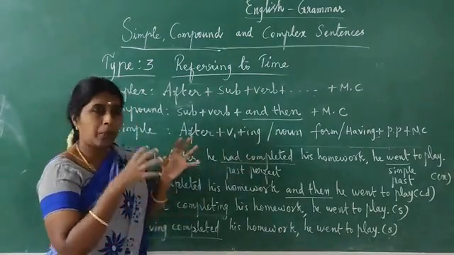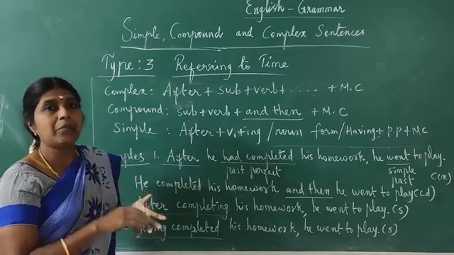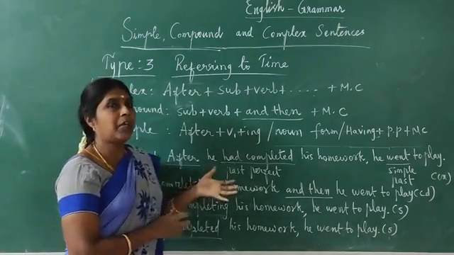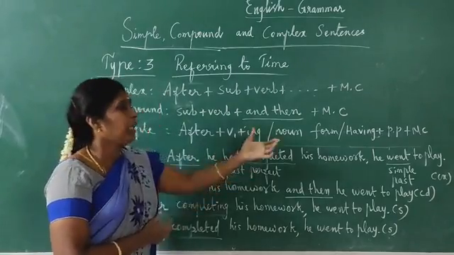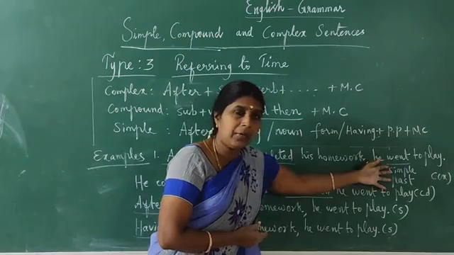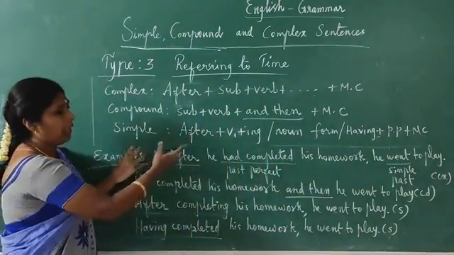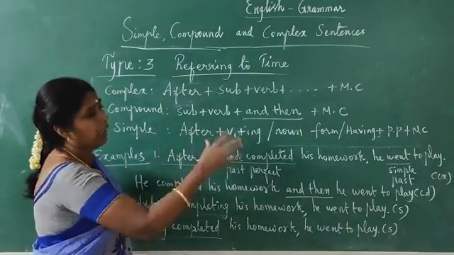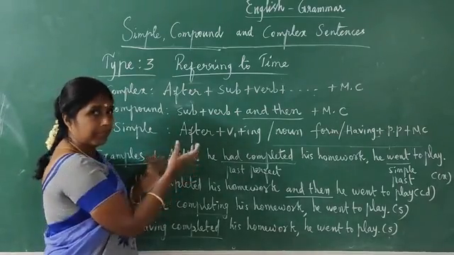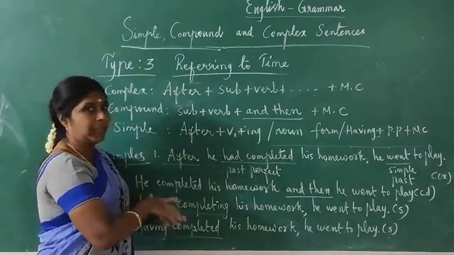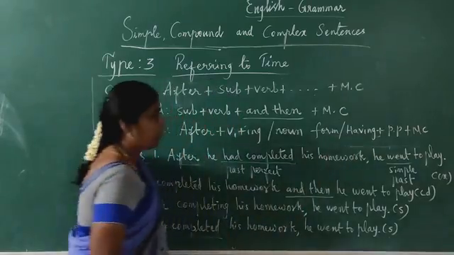When two past incidents happened, for the one that took place earlier we have to write past perfect, and the second incident with simple past tense. So like this: after he had completed his homework, he went to play. So simply we can remember, after comes means that incident took place in the past: first one we write with past perfect, second one simple past tense.